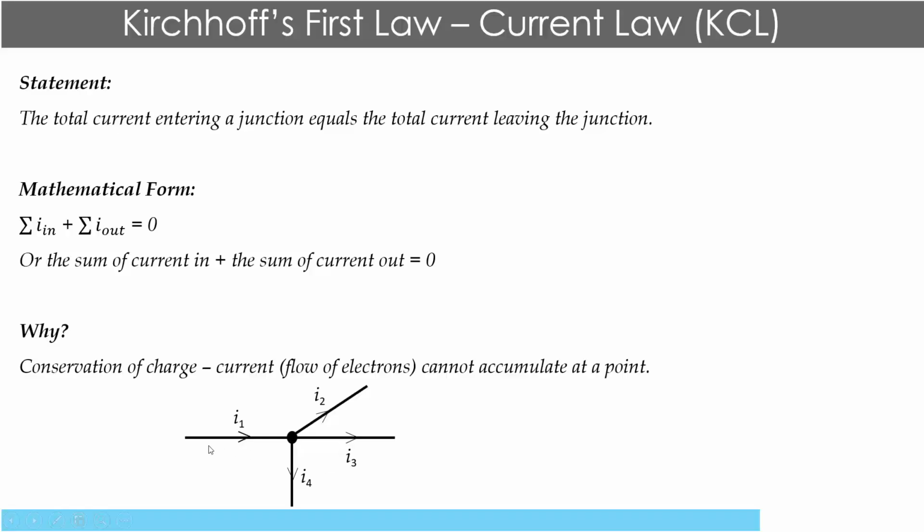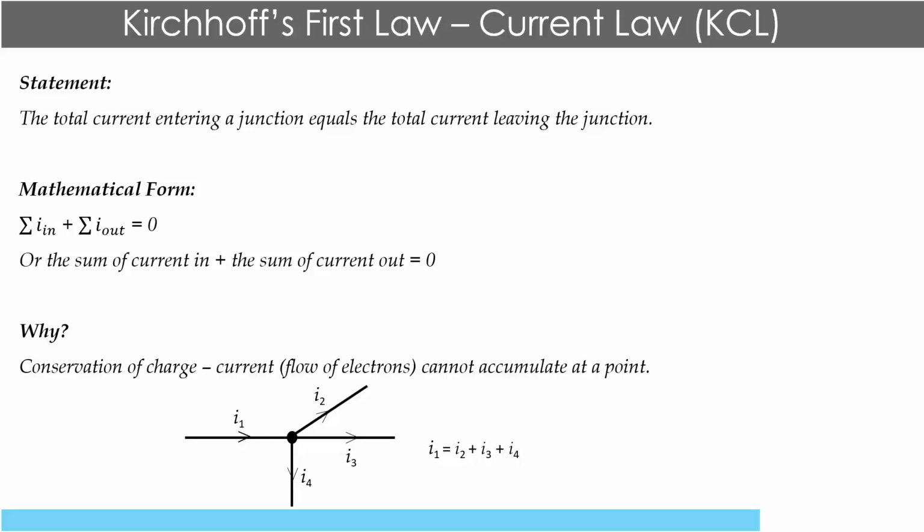In this case, only I1 is going into this node, and when it gets to this node, I1 branches into 3 other currents: I2, I3, and I4. So based on Kirchhoff's current law, I1 is equal to the sum of I2, I3, and I4.